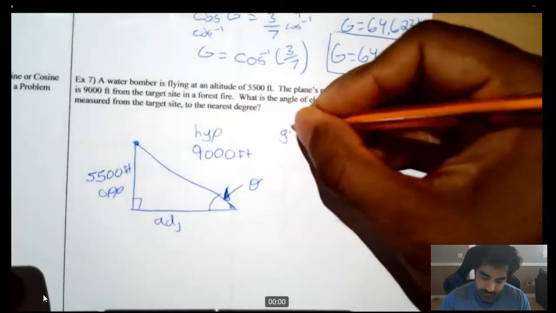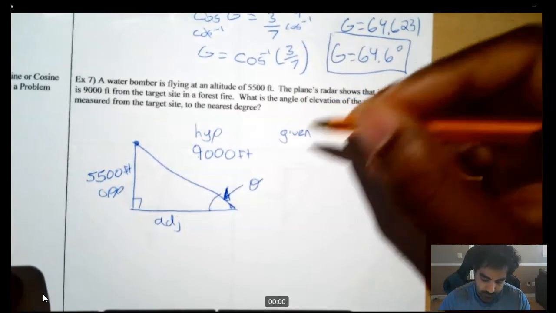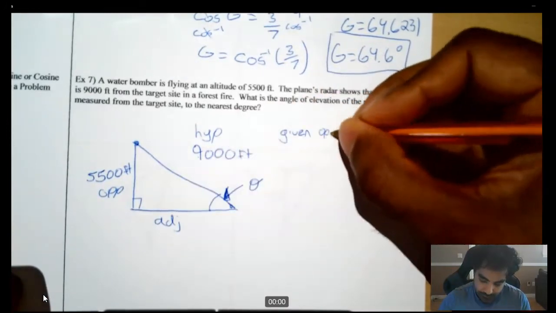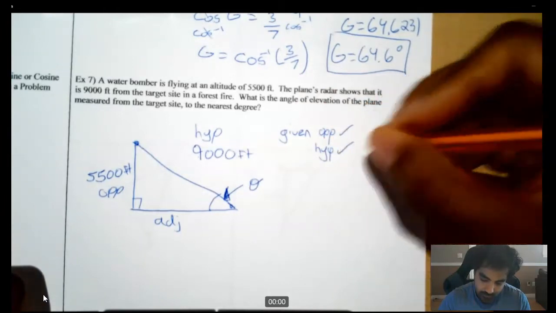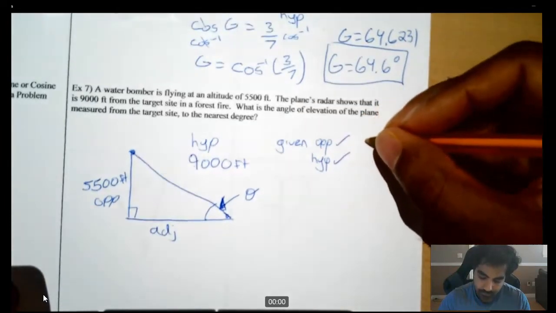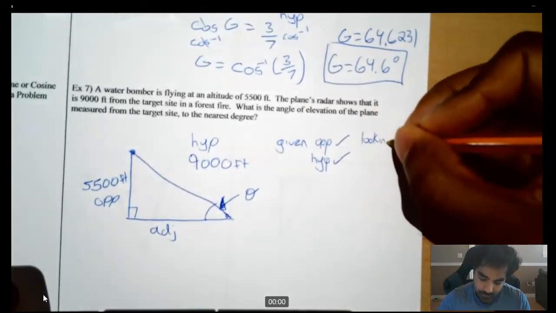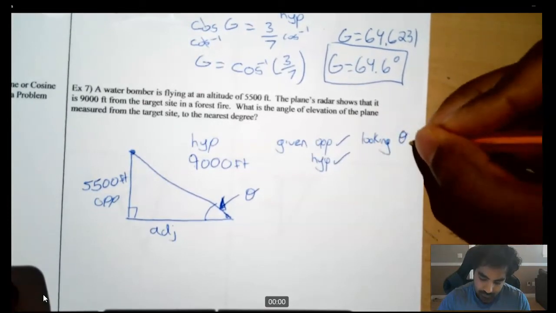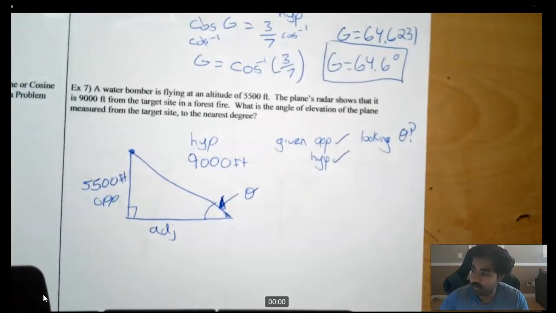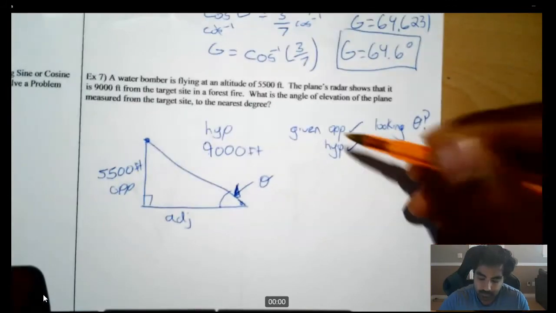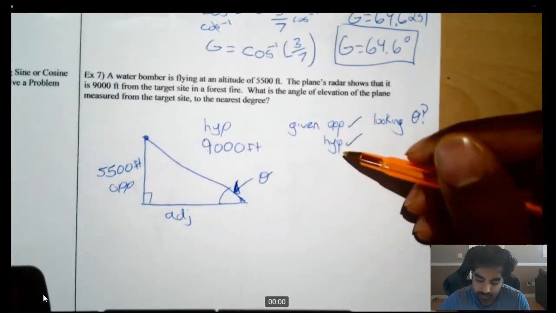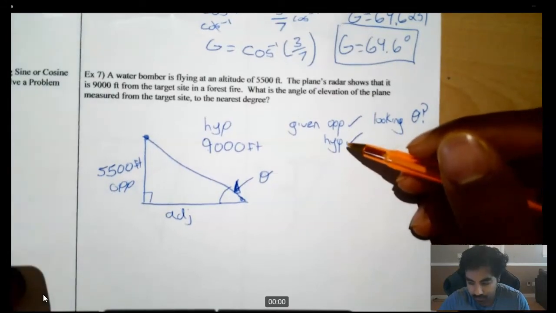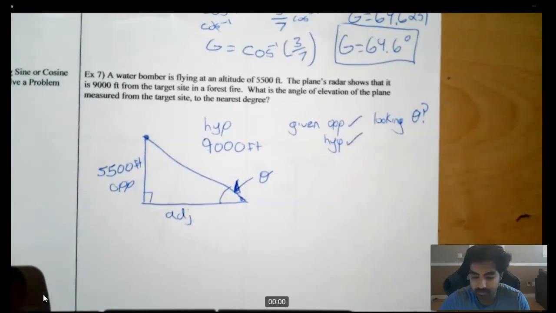Okay. What are we given? So given values, we're given the opposite, we're given the hypotenuse, and we're looking for theta, right? So what trig function involves opposite and hypotenuse? Sine is opposite over hypotenuse, and cos, well, we can just stop there because now we know it's sine.